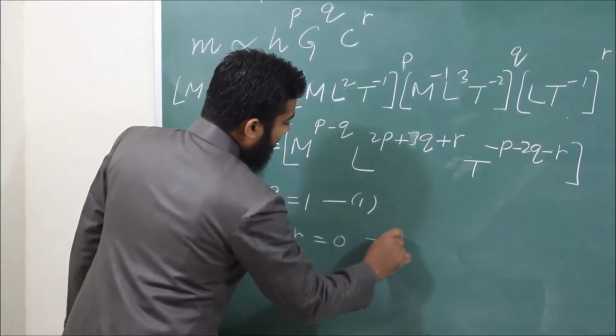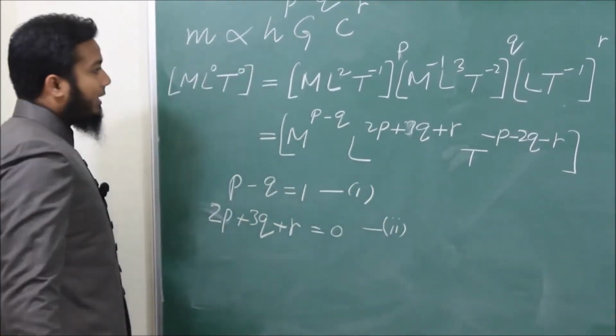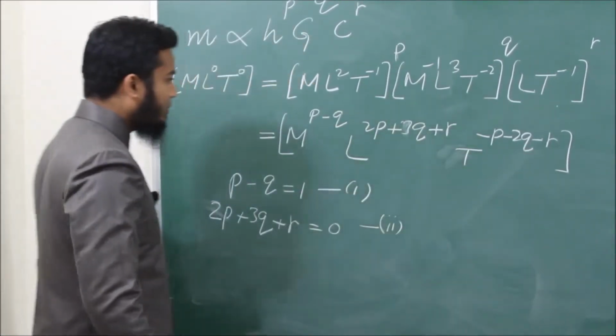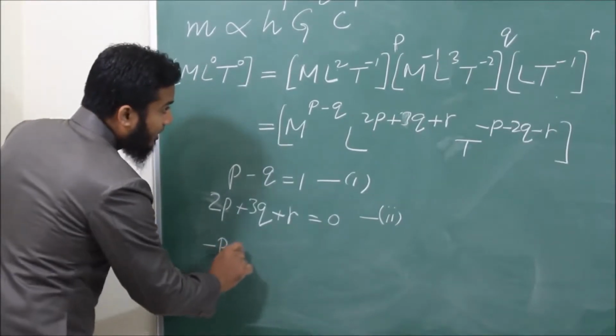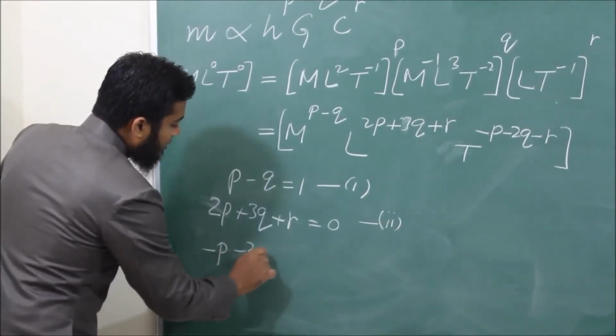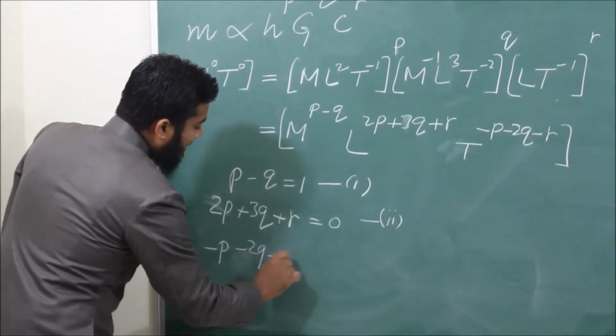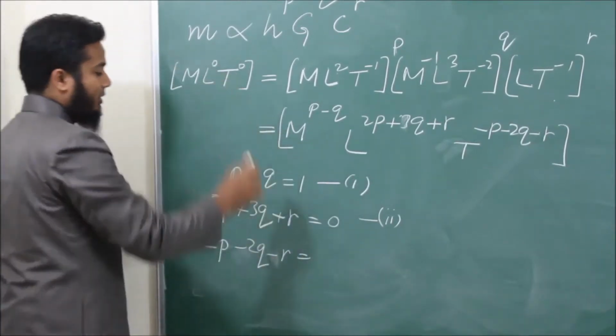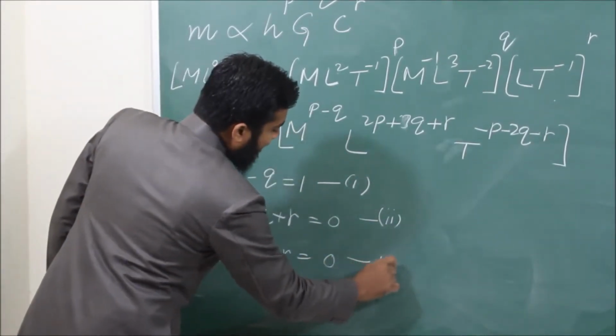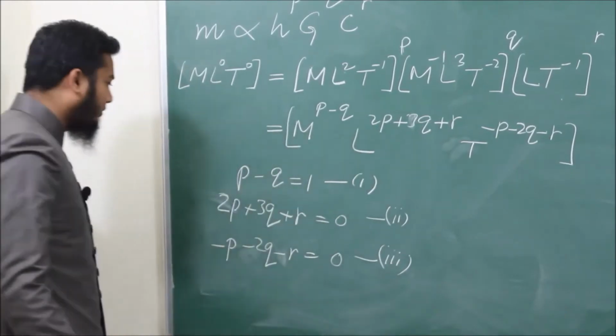Let's call this equation 2. And then T has power minus 2q and minus r, and T has power 0 on the left hand side, so it is 0. Let's call this equation 3.